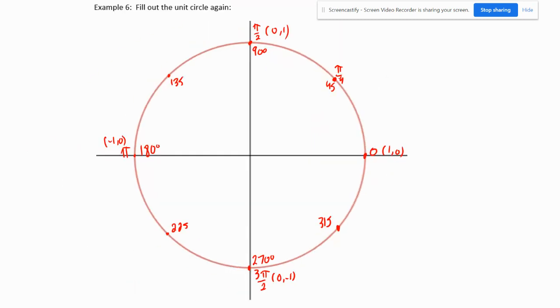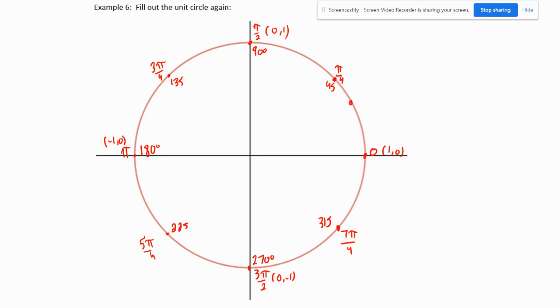If I'm going up by 45, it's the same thing as adding pi over 4. So pi over 4 plus pi over 4 is pi over 2, plus pi over 4 is 3 pi over 4. 4 pi over 4 is pi. We have 5 pi over 4 here. 6 pi over 4 reduces to 3 pi over 2, and then we have 7 pi over 4.